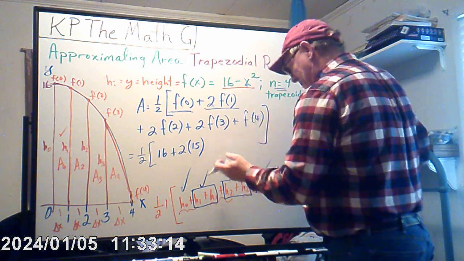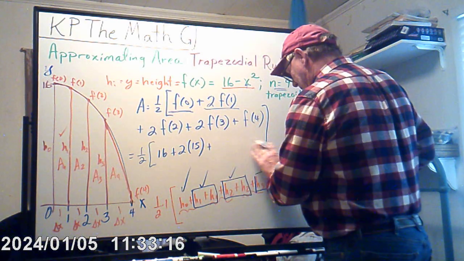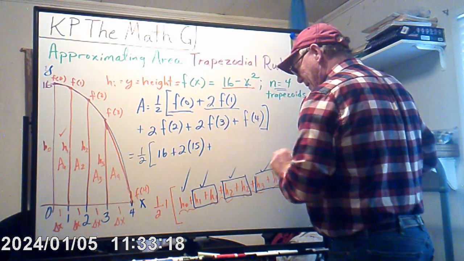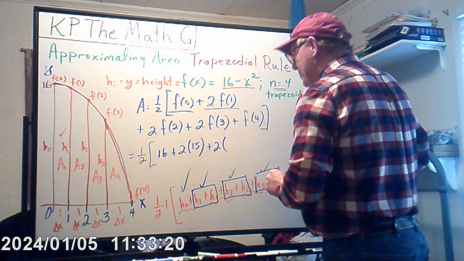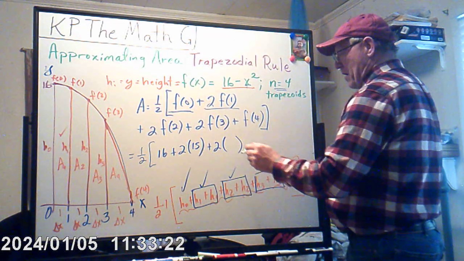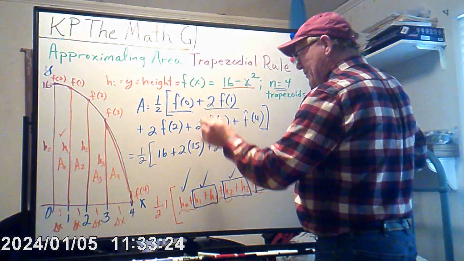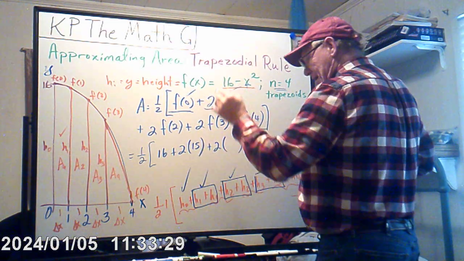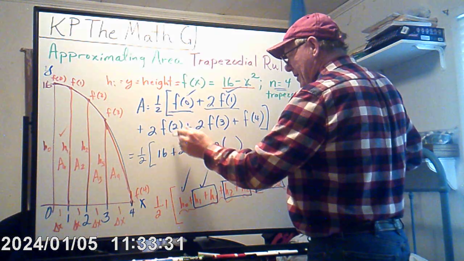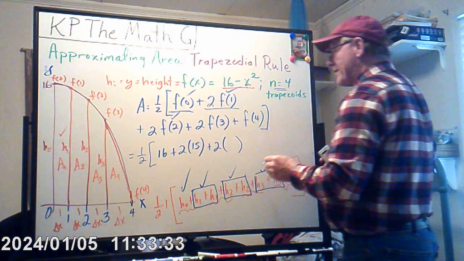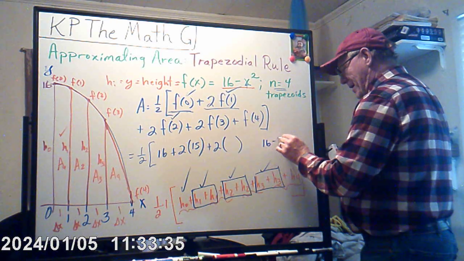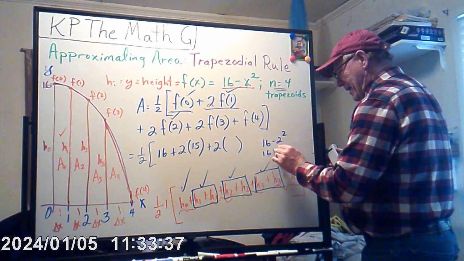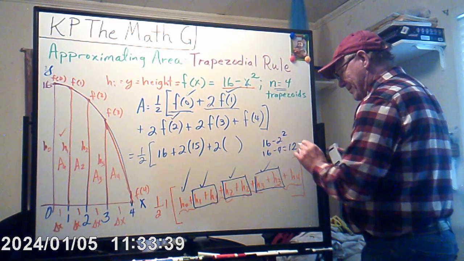The next one is going to be 7. I already checked off F0, F1, F2. F2 is going to be 12. That's right. So 16 minus 2 squared is 16 minus 4, which is 12.